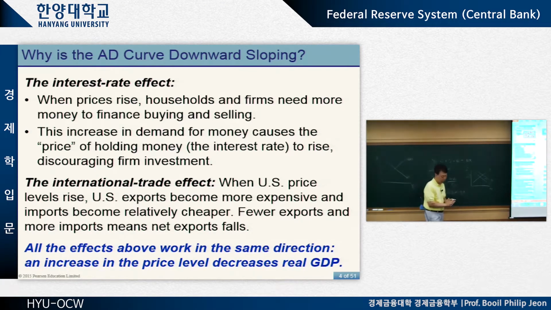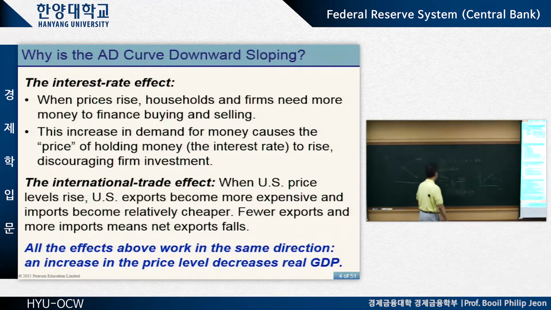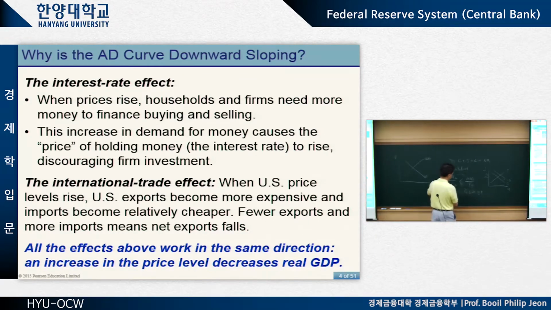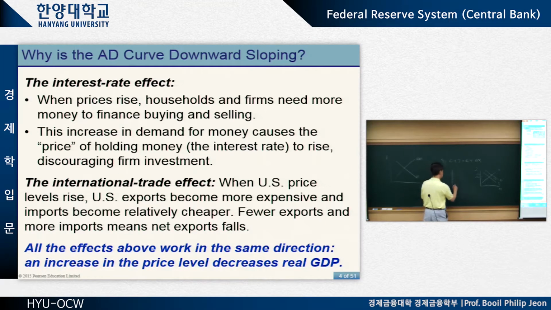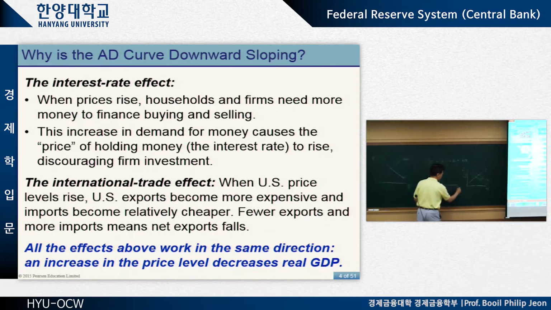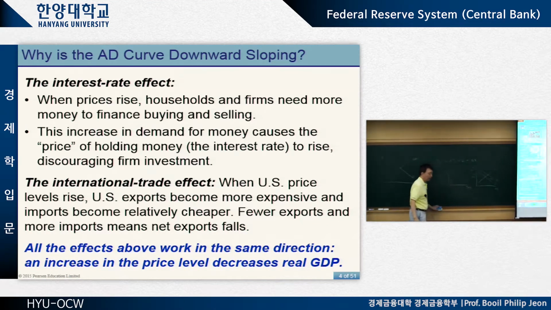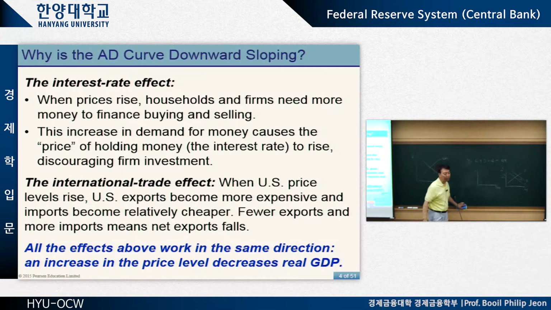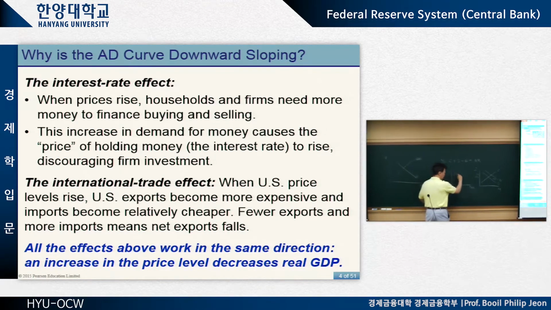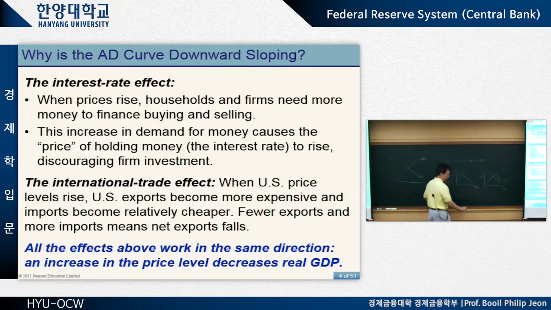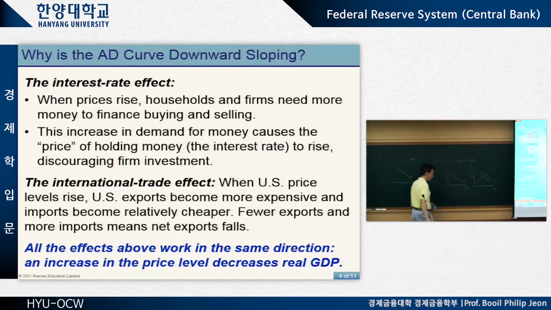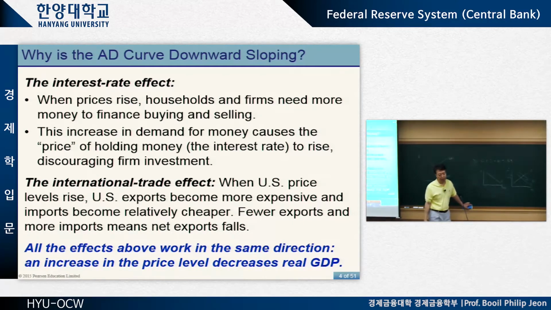If the interest rate rises, here's something that we didn't talk about so far. If you look at the relationship between the interest rate and the amount of investment demand, you will see a negative, or downward sloping, demand for investment.